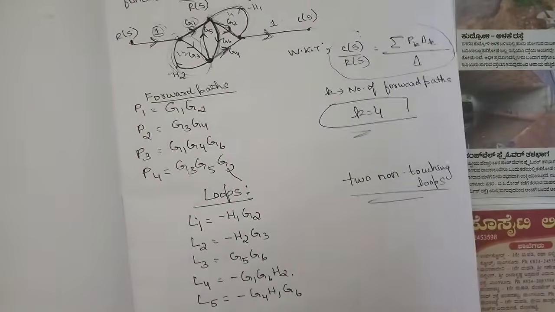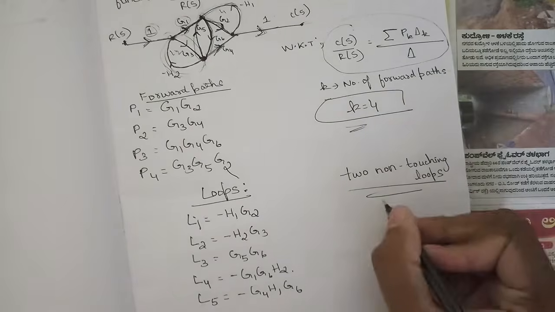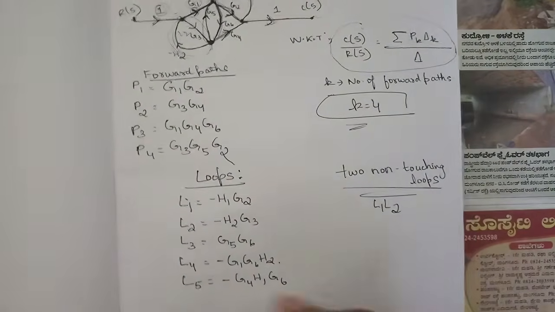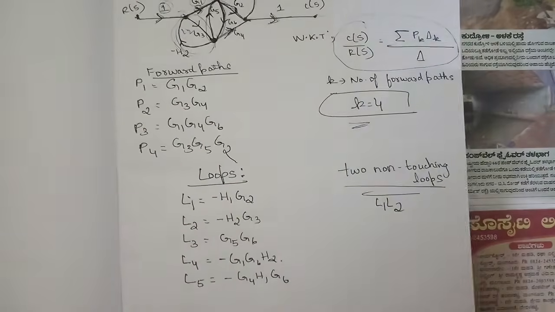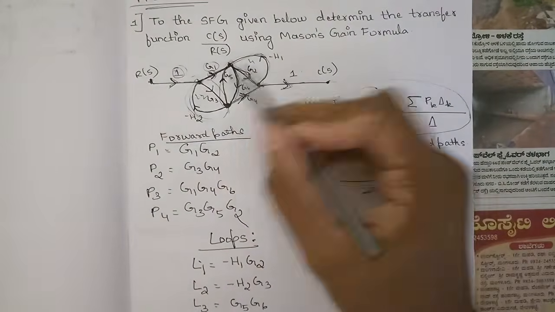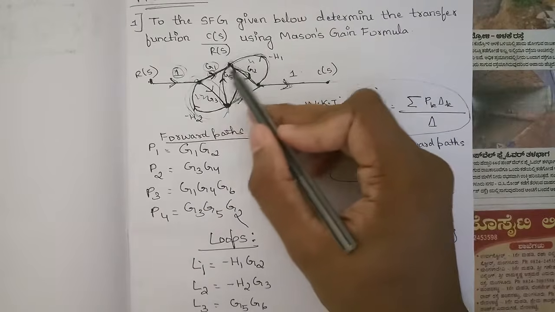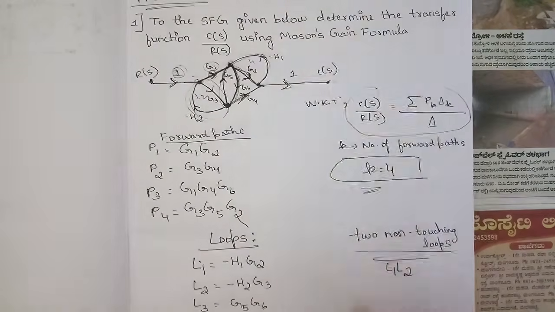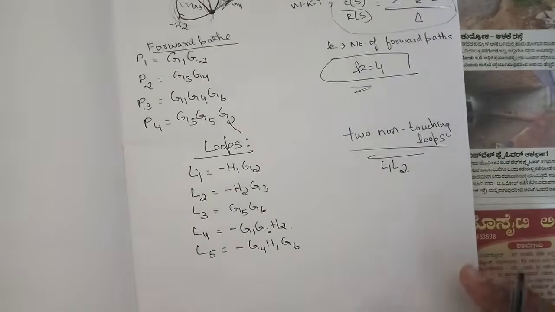So first we need to consider 2 at a time, right? So 2 non-touching loops we have L1 L2, and again we need to check whether we have any more non-touching loops or not. If you see in this problem, we have only these 2 non-touching loops, and the rest of the loops are intersecting with each other. So we can say that we have only 2 non-touching loops.